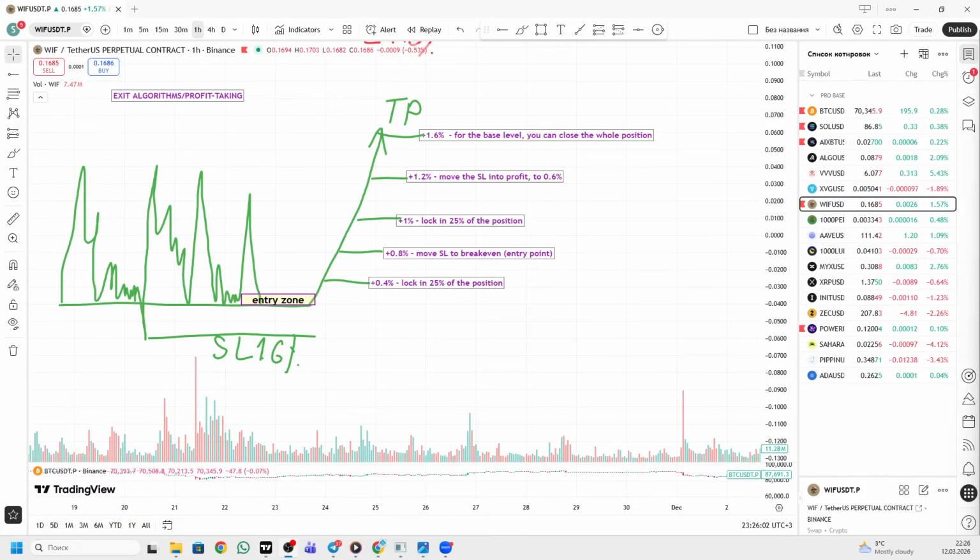For people who already have some experience in trading, actually over here you can just leave a small runner according to the plan. Okay, and you can trail the stop.